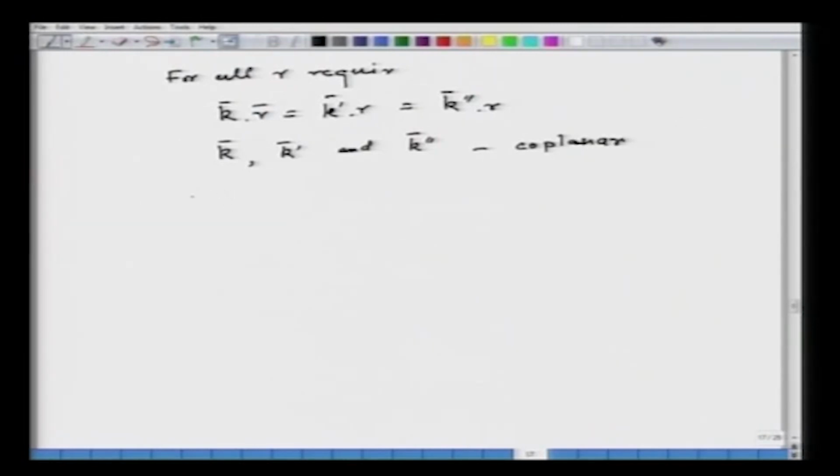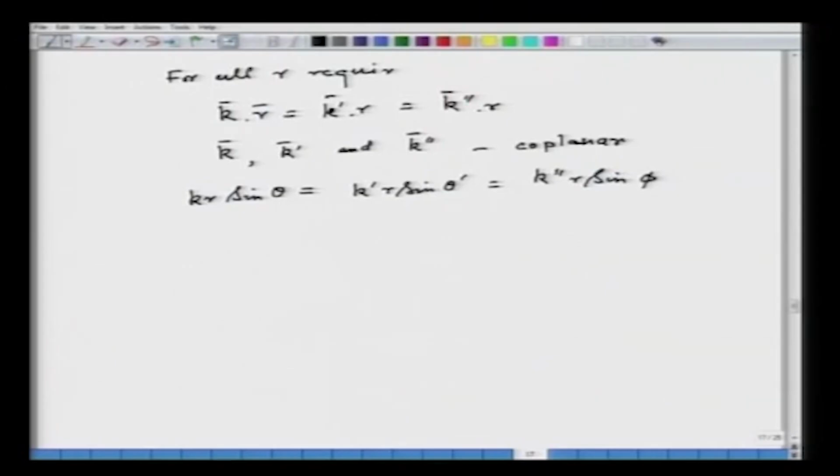Now, from here we get k r sin theta is going to be equal to k prime r sin theta 1 is going to be equal to k double prime r sin theta 2 sin phi.